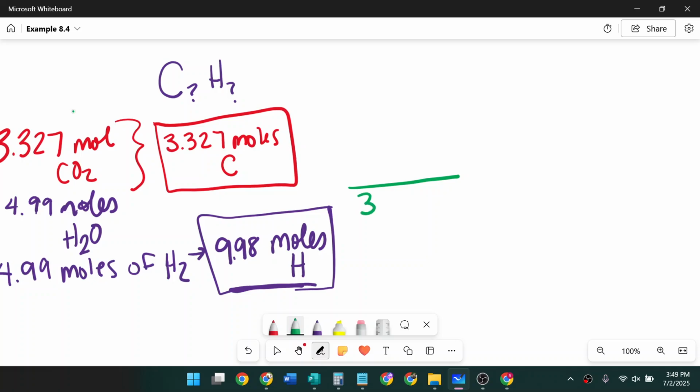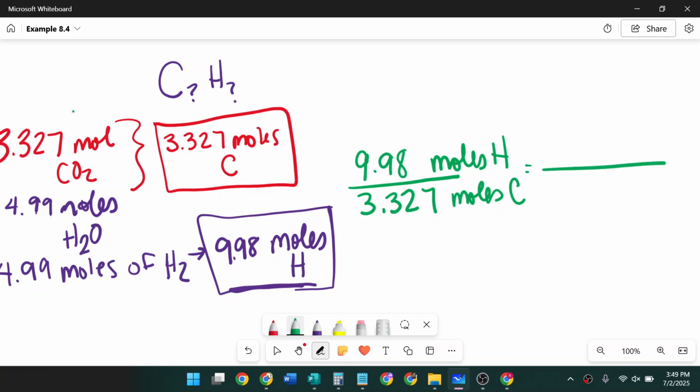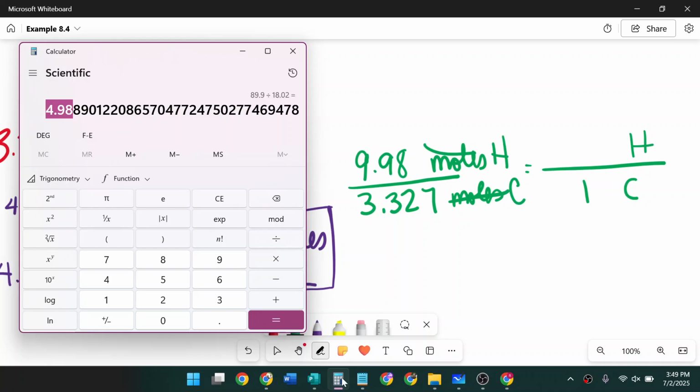So we're going to put 3.327 on the bottom, and that's our moles of C. And we're going to put our 9.98 on the top, and that's our moles of H. And so when we divide those, we can think of it as like having 1 C for every however many H's. So 9.98 divided by 3.327.